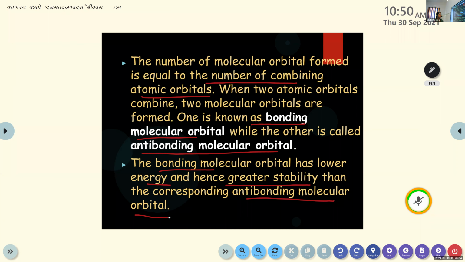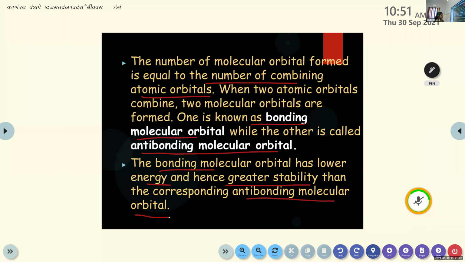Sarah, can you read the two points? Yes, ma'am. The number of molecular orbitals formed is equal to the number of combining atomic orbitals. When two atomic orbitals combine, two molecular orbitals are formed. One is known as the bonding molecular orbital, while the other one is called the anti-bonding molecular orbital.